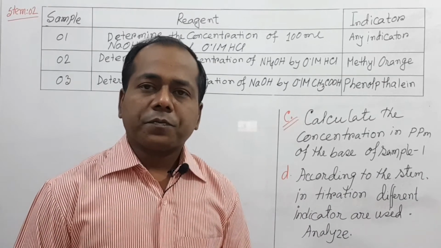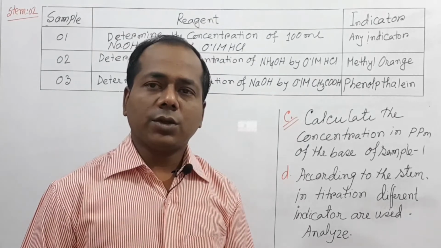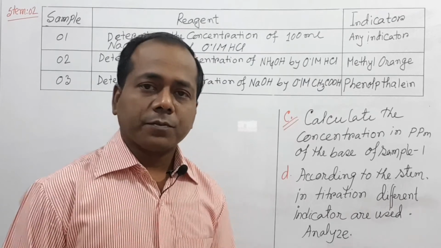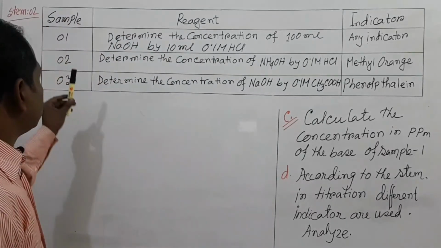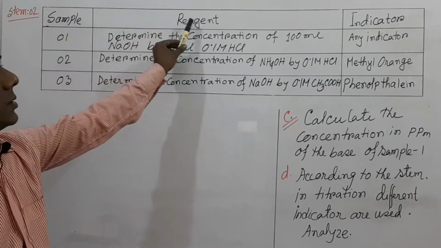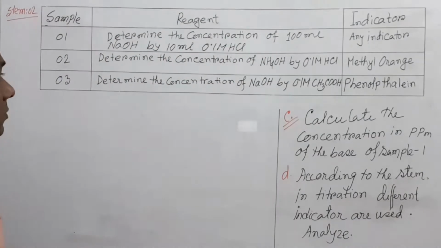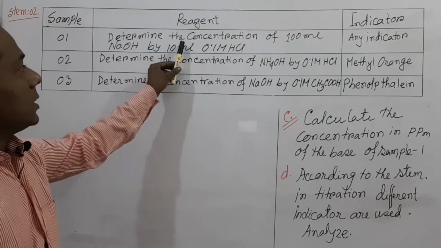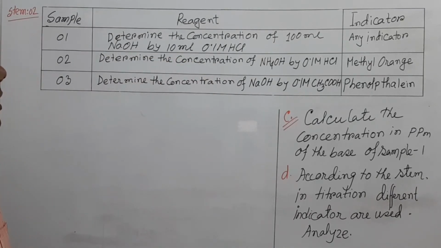My dear students, now I discuss with you our next creative question. Here given sample, reagent and indicator. Sample 1, determine the concentration of 100 ml sodium hydroxide by 10 ml 0.1 molar hydrochloric acid.